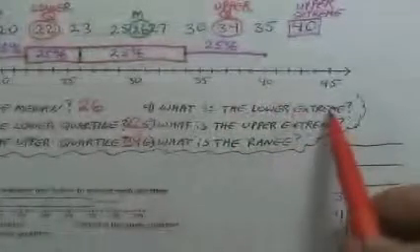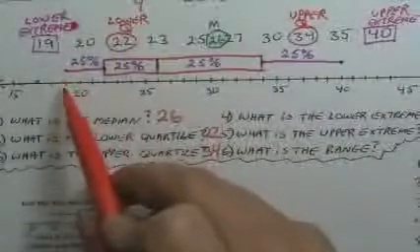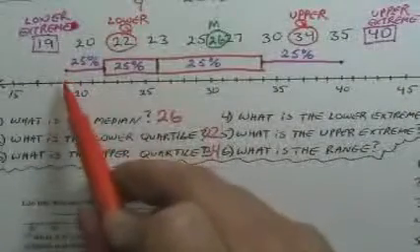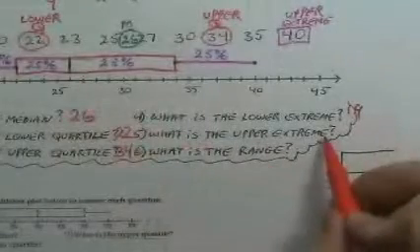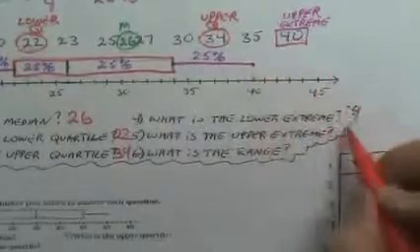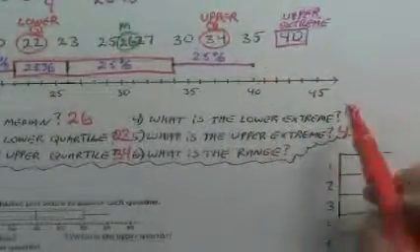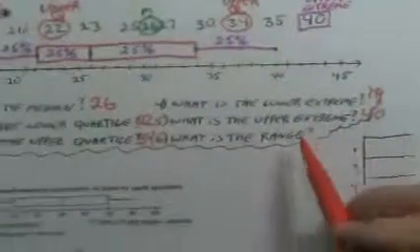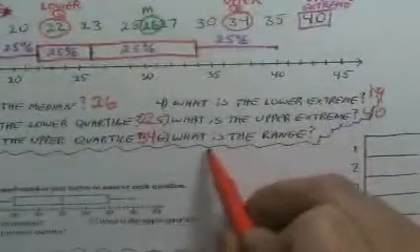Next one, what's the lower extreme? That's the very bottom number. That's 19. See, that's where it starts, 19. What's the upper extreme? That's all the way over here. That is 40. And then what is the range? The range is the large number minus the small number.